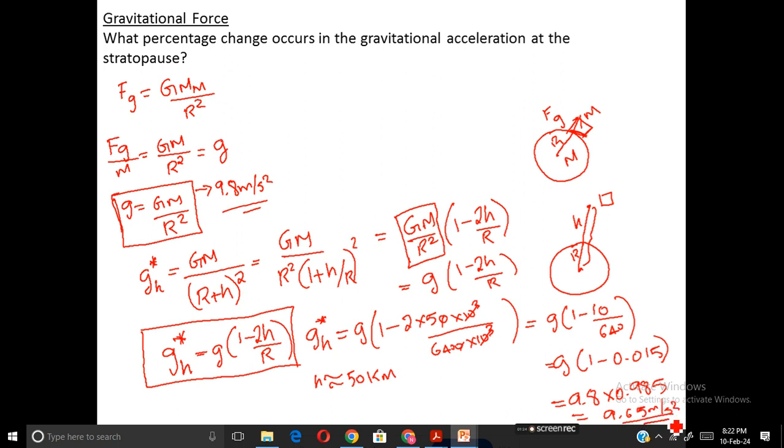So the acceleration due to gravity at the stratopause is coming as 9.65 meter per second square.